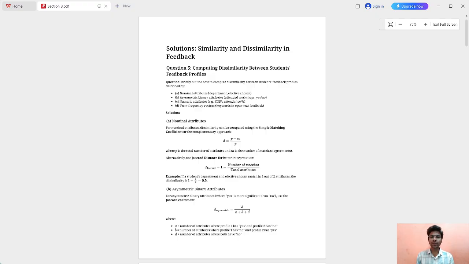B. Asymmetric binary attributes. For asymmetric binary attributes, where yes is more significant than no, use the Jaccard coefficient.